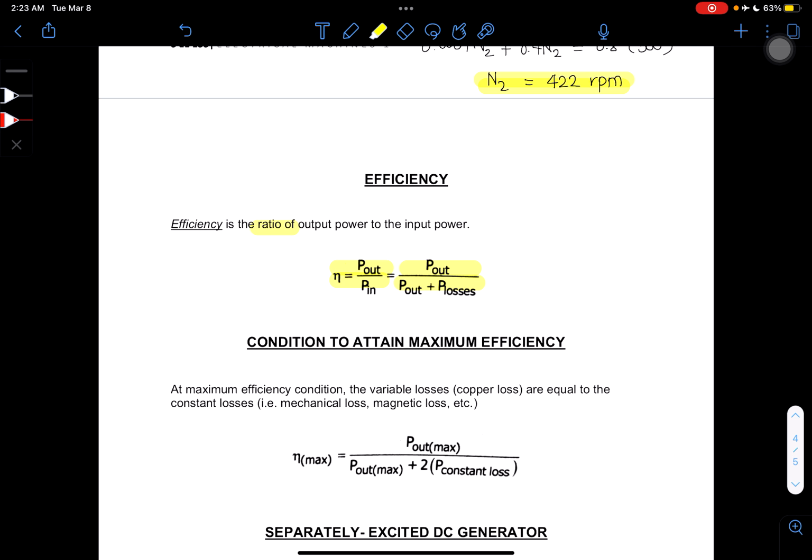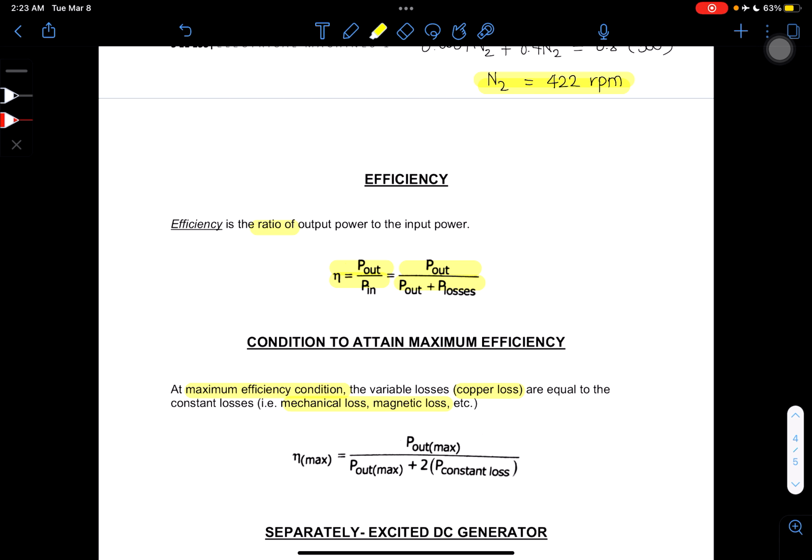So, condition to attain maximum efficiency. At maximum efficiency condition, take note, the variable losses or copper loss are equal to the constant loss. So at maximum, the copper loss is equal to the mechanical loss and magnetic loss. So, we have here our formula.